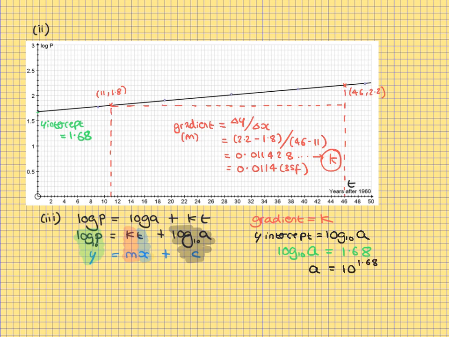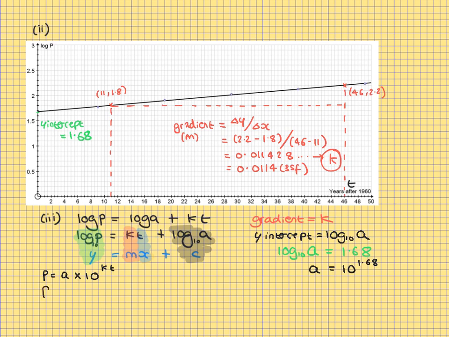So now we have to fit this information back together and express p in terms of t. If you recall, the original equation, which we were using to model the data, was p equals a times 10 to the power of kt.